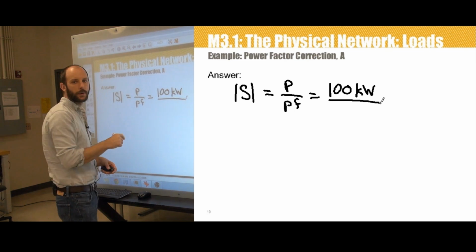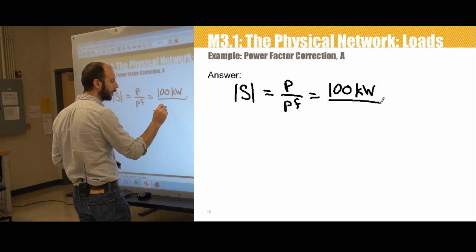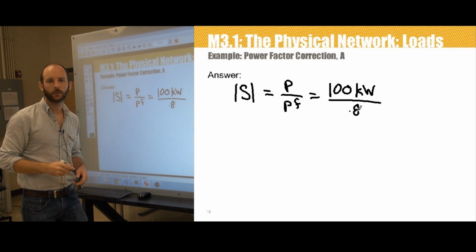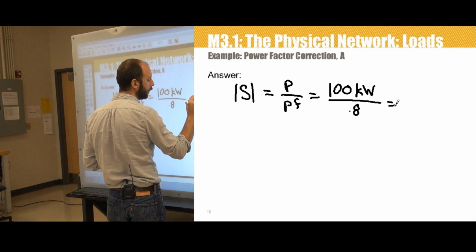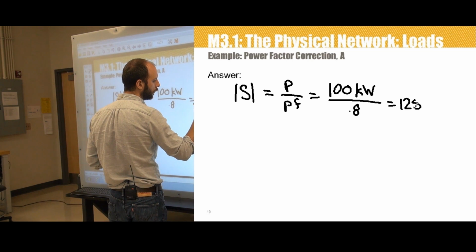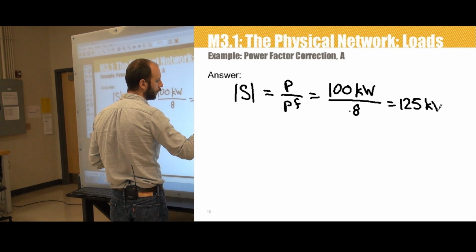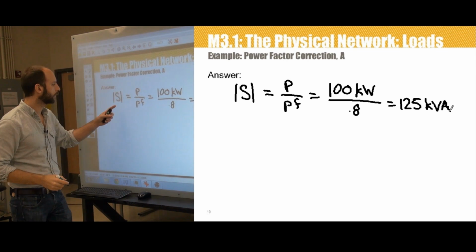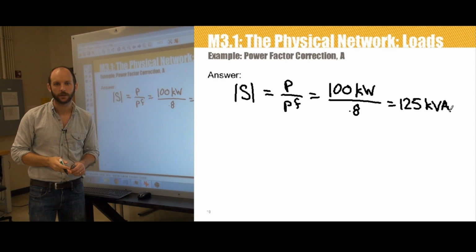And we're going to divide that by the power factor, which was spec'd at 0.8 uncorrected. So we divide 100 kilowatts by 0.8, we get 125 kVA. Okay, so the magnitude of our apparent power is 125 kVA.